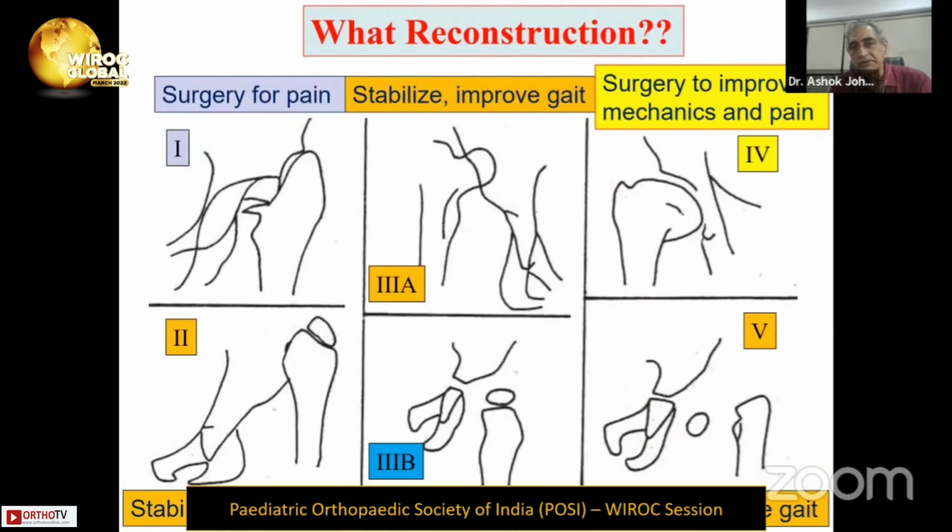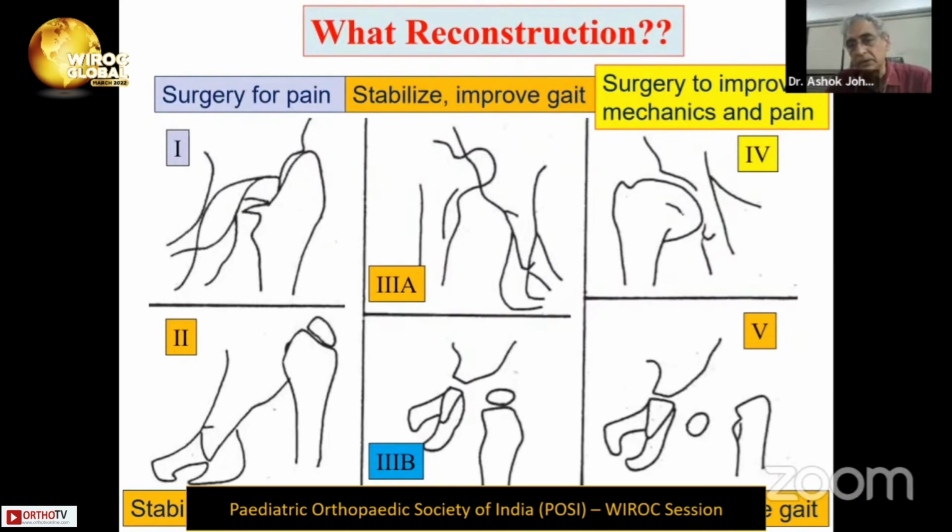So again, what sort of reconstruction? Group 1, they eventually become painful and we need to do surgery for the pain. Group 2, we need to stabilize to improve their gait in whatever way, whether by a trochanteric arthroplasty or a pelvic support osteotomy of some type. Dislocated hips, we relocate them unless the symptomatology or the physical findings don't demand it.